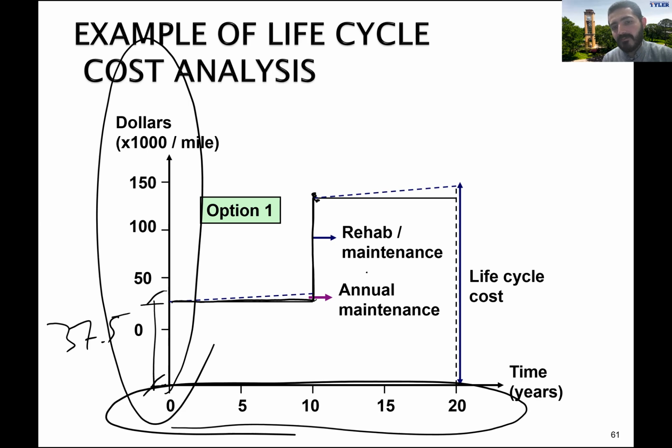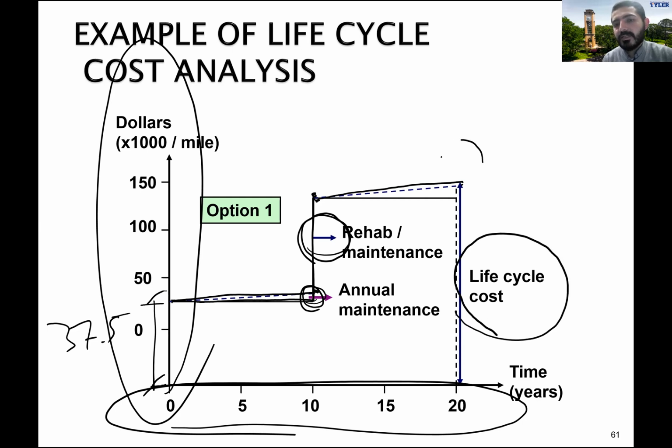By the way, this is the annual maintenance, so that's why it's going this way. And the same thing here, but this is the major rehabilitation maintenance, having the second overlay. And basically, this is the life cycle cost. We're going to sum up all the costs here.